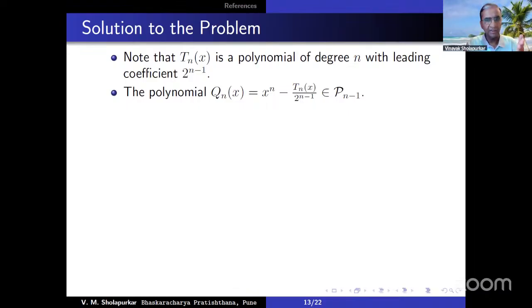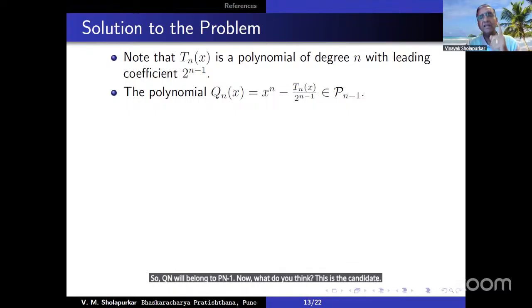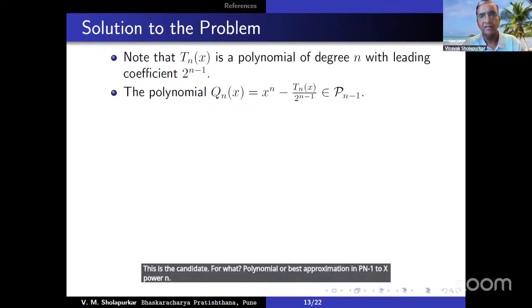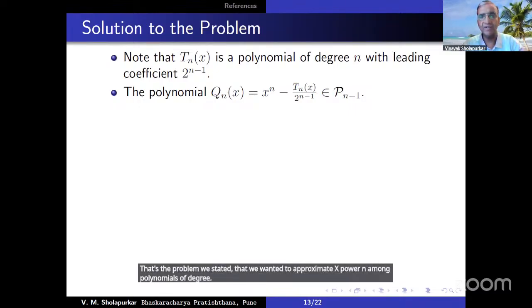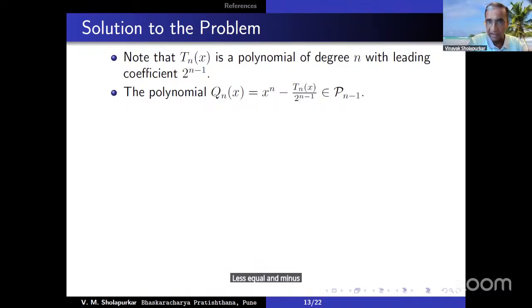Now, what do you think? This is the candidate. This is the candidate for what? Polynomial of best approximation in Pn minus 1 to x to the power n. That's the problem we stated, that we wanted to approximate x to the power n among polynomials of degree less than or equal to n minus 1. So this is the candidate. So the solution is found in terms of Chebyshev polynomials.